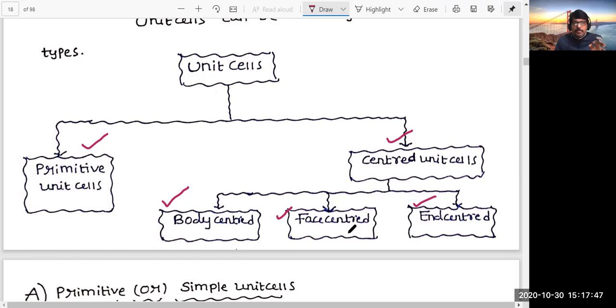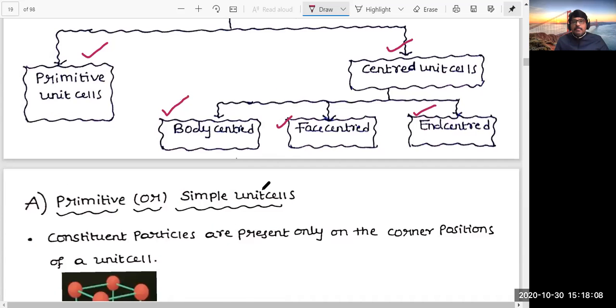With the help of diagrams, we are going to discuss. Repeat the video and see it repeatedly to get the clarity, because the rest of solid state totally depends on these basics. So be careful. So primitive or simple or basic unit cells. What is the meaning of this?